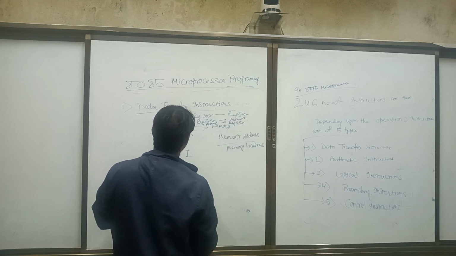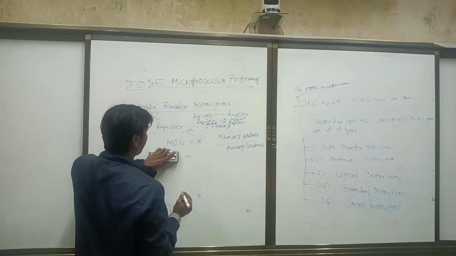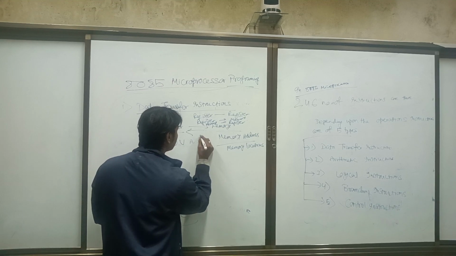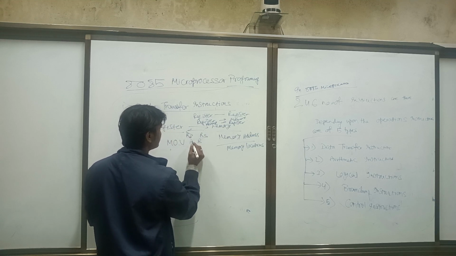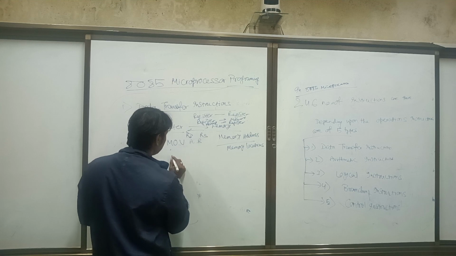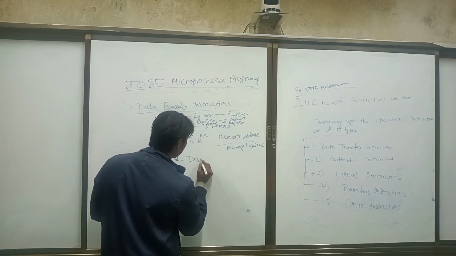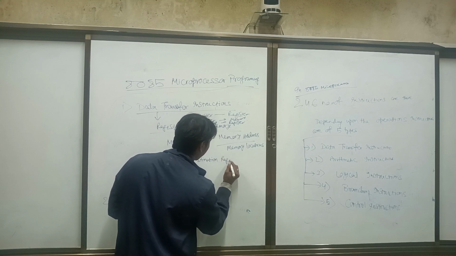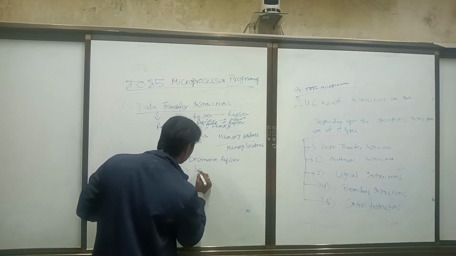Here, MOV, suppose I take A comma B, what does it mean? MOV A comma B. This is your source register, this is your destination register. RD, RS: RD means destination register, RS means source register.